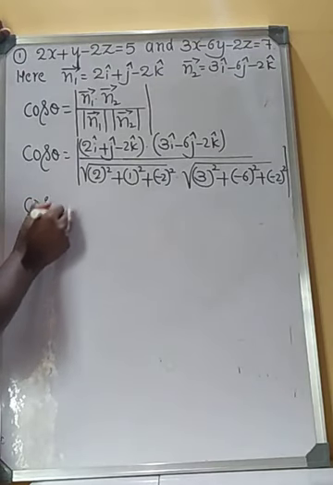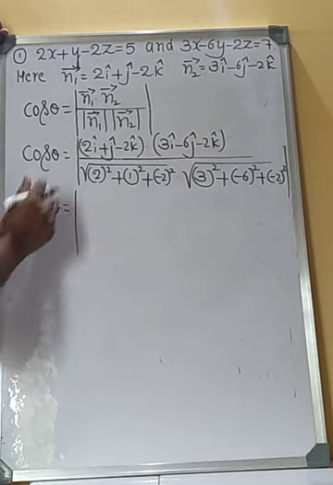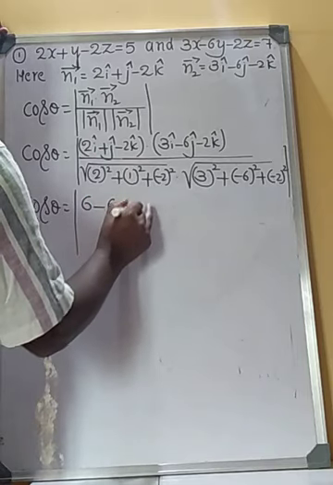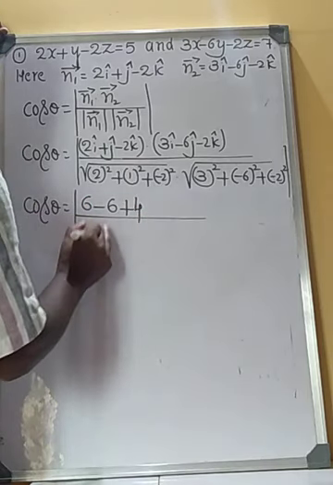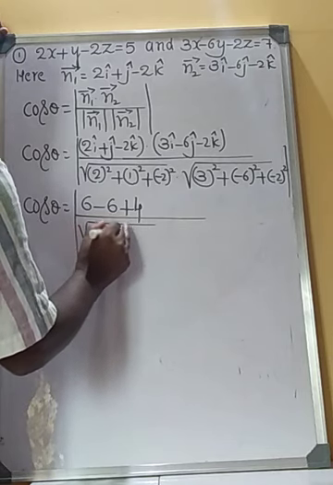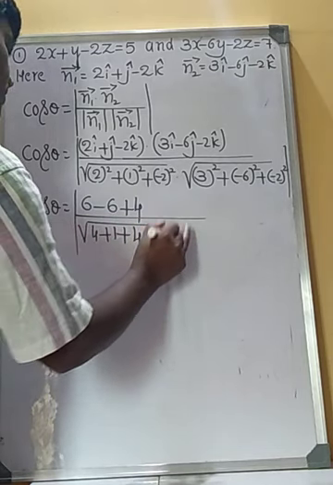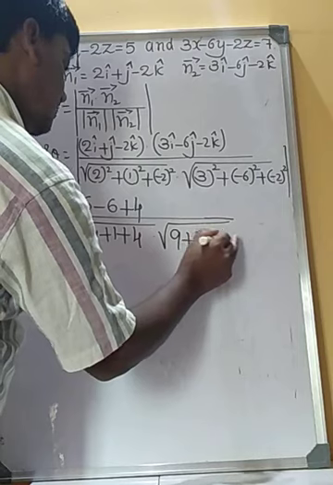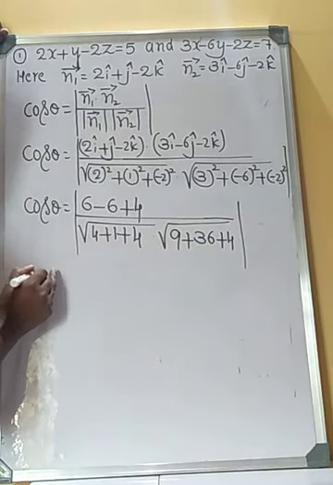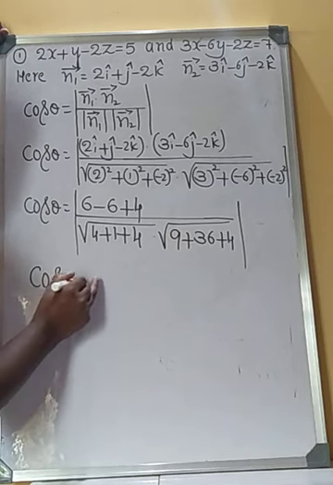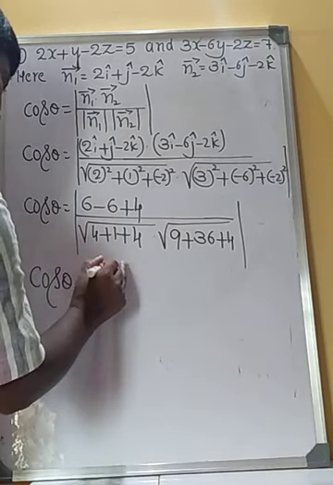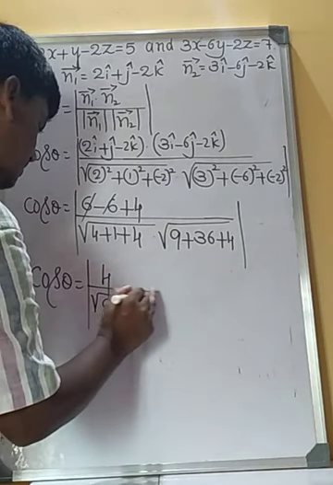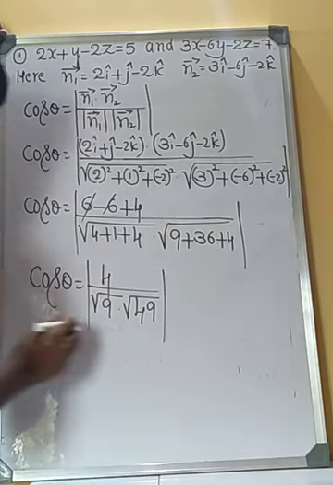Therefore cos theta is equal to magnitude of 2 3s are 6 minus 6 plus 4 divided by square root of 4 plus 1 plus 4 into root of 9 plus 36 plus 4, which is magnitude of 4 divided by square root of 9 into square root of 49.